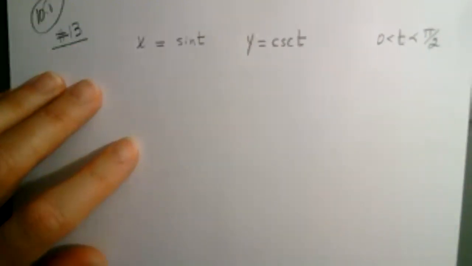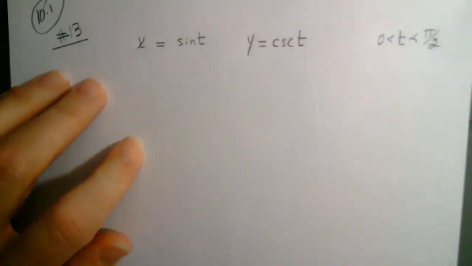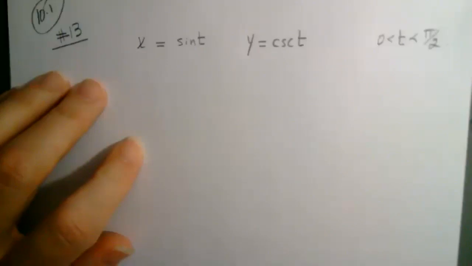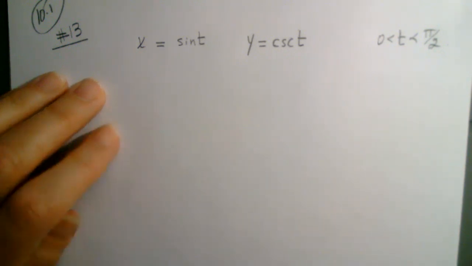So anybody has any idea what you want me to do? Ideas? Change the cosecant to 1 over sine and then put x in.